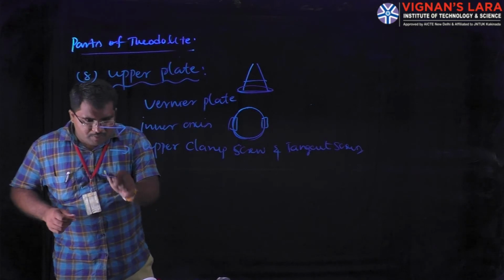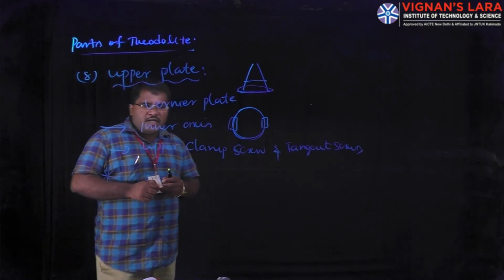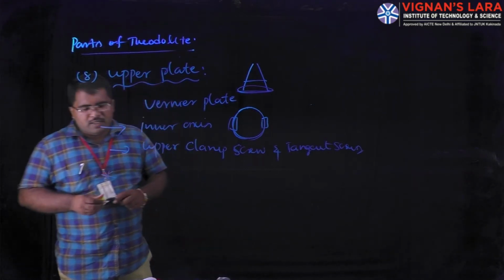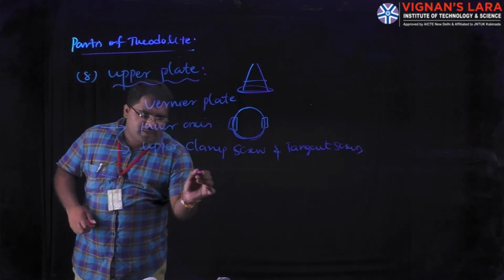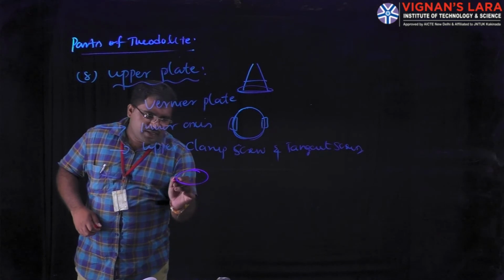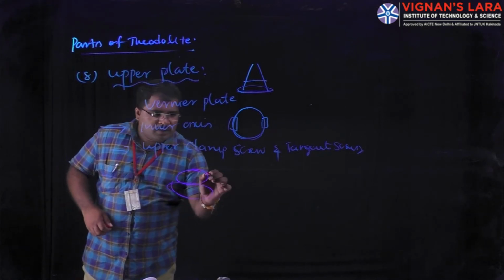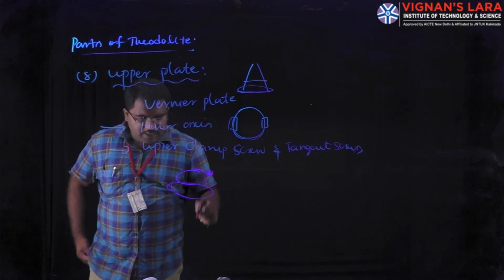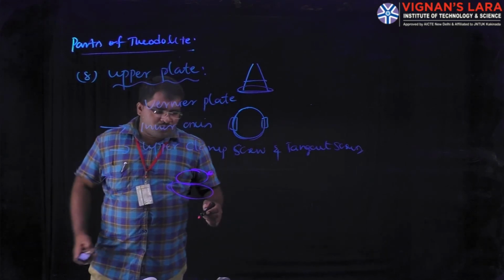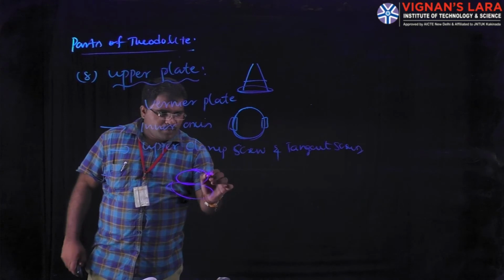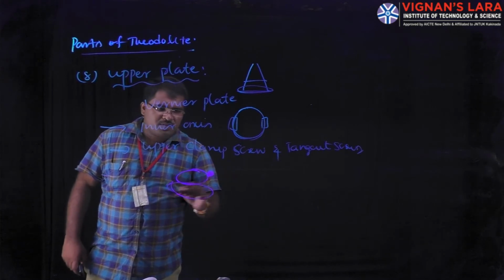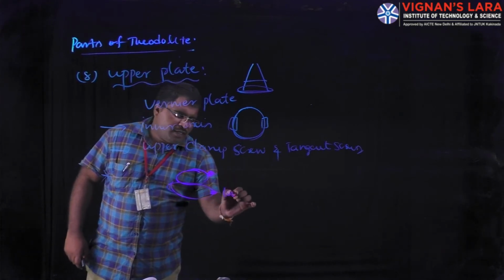Here we need to remember one important point. We have both the upper plate and the lower plate, and each has a screw, so we have the upper clamp screw and the lower clamp screw.